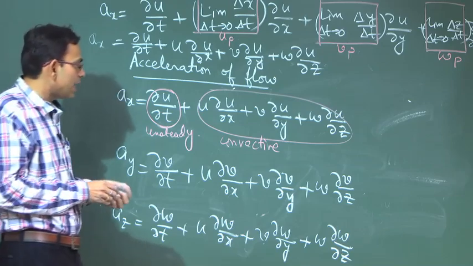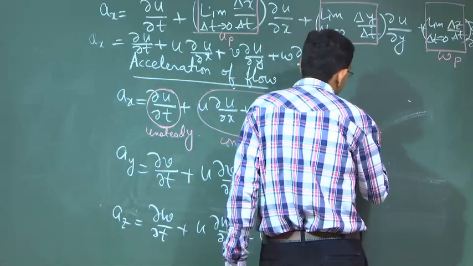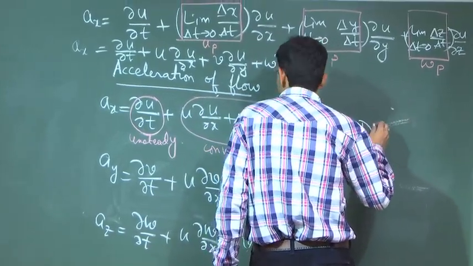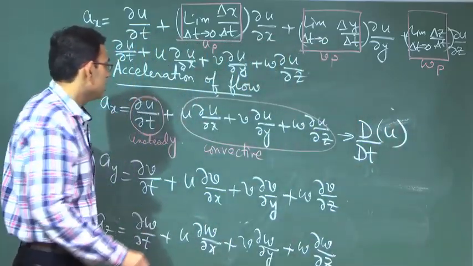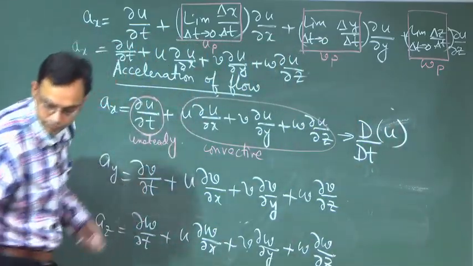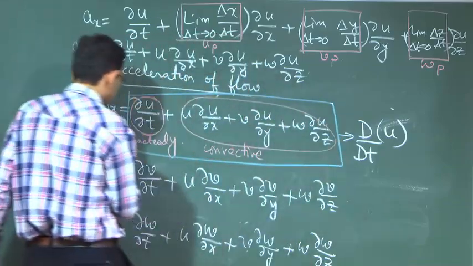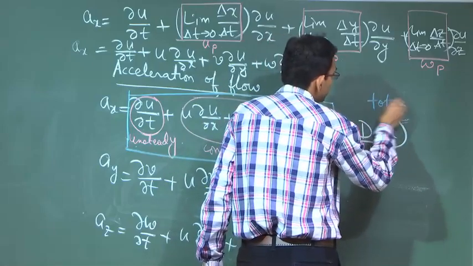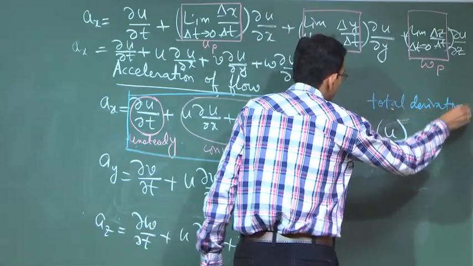Finally I will wind up this particular module by letting you know that this is a particular notation of writing this total thing, this entire expression. So this is called the total derivative or substantial derivative. Why total derivative?